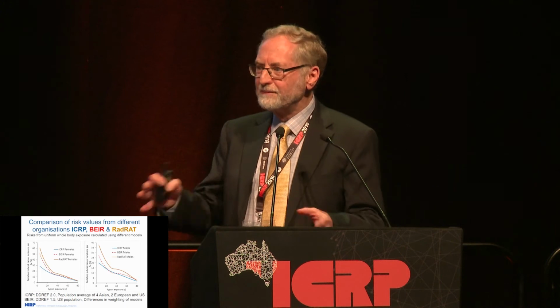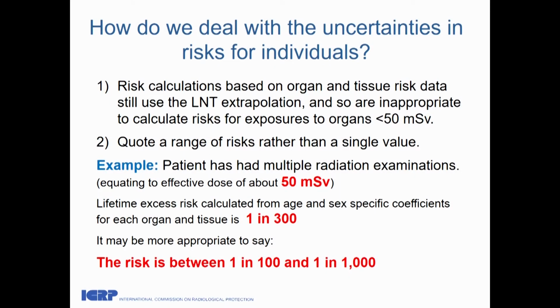They use a slightly different dose and dose rate effectiveness factor. They're averages of different populations. ICRP has an average of a number of populations across the world, whereas BEIR uses the US population.